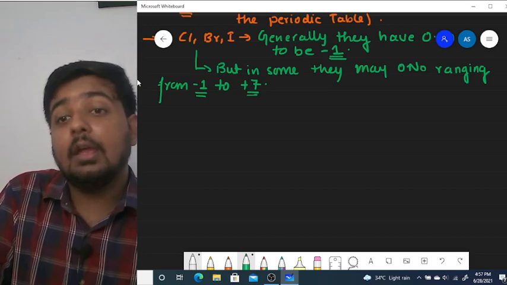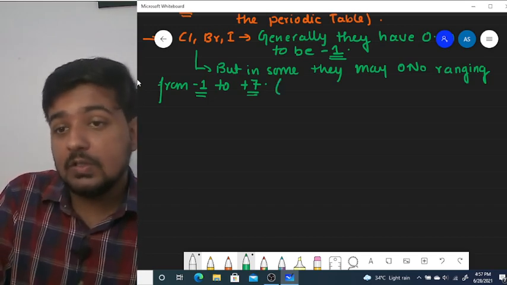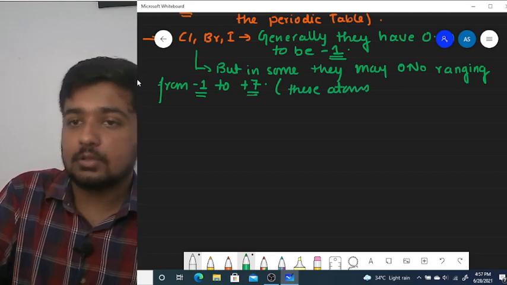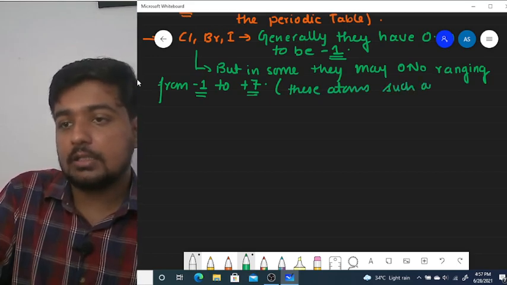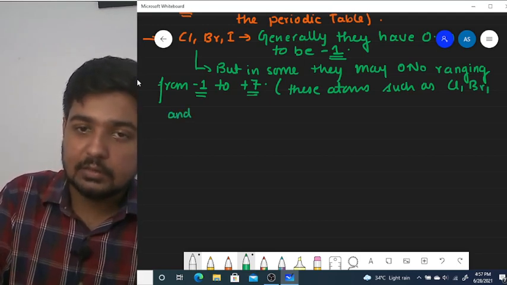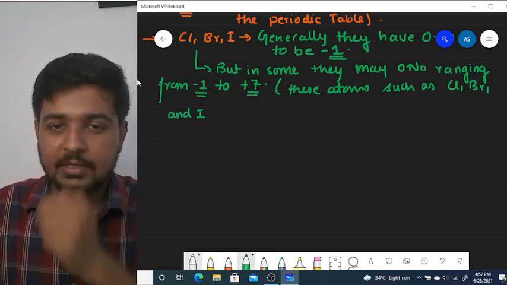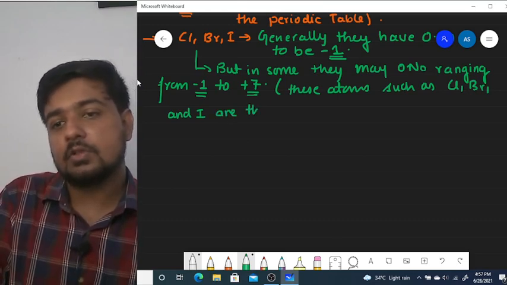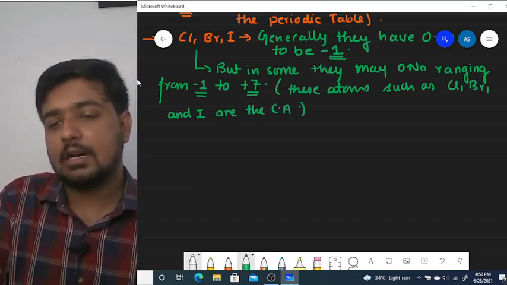Now the question is where? Where these atoms such as Cl, Br and I are the central atom.